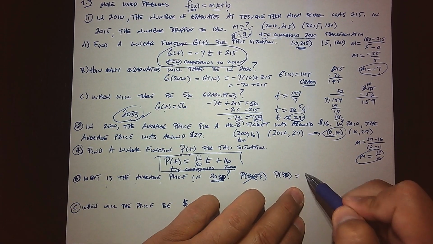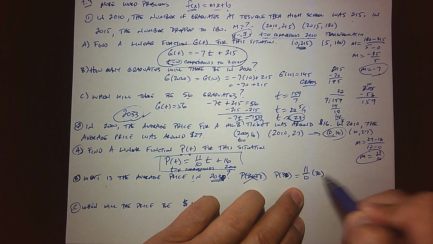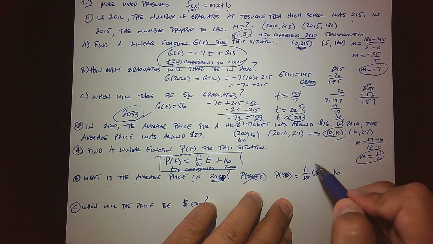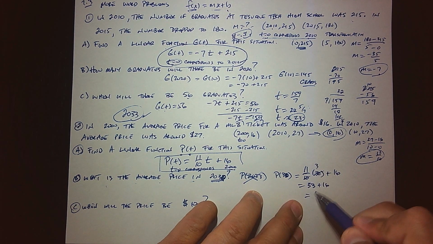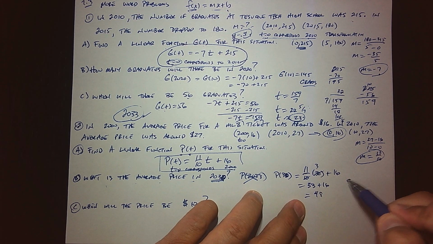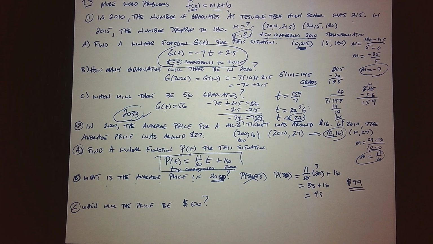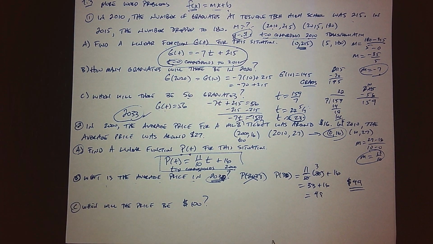Okay, plugging that in, we get 11 over 10 times 30 plus 16. 10 and the 30 goes in 3 times. We have 33 plus 16, and that looks like it's 49. So according to this model, the average ticket price in the year 2030, so 10 years from now, will be 49 bucks.